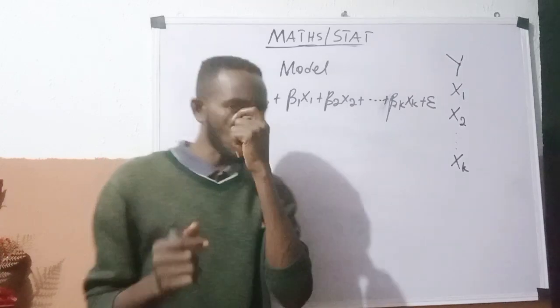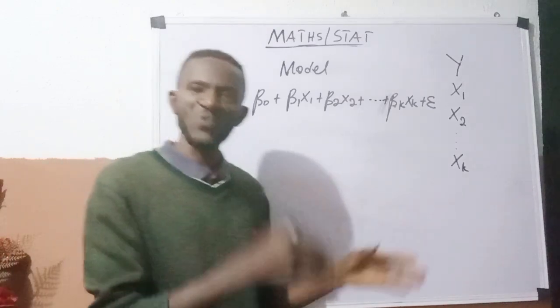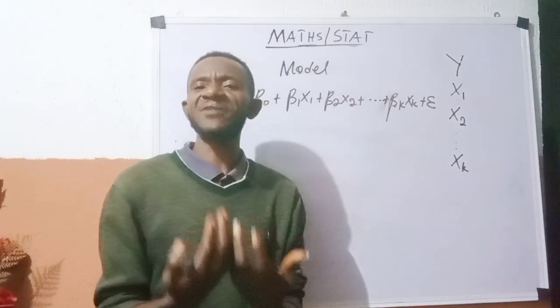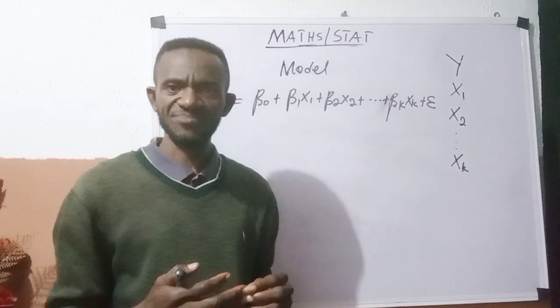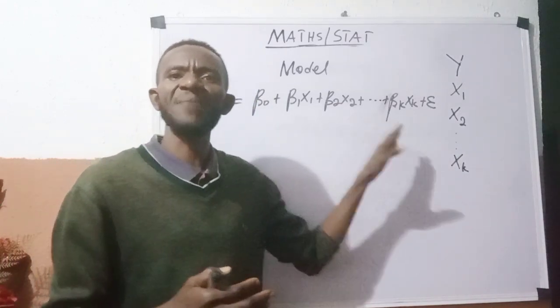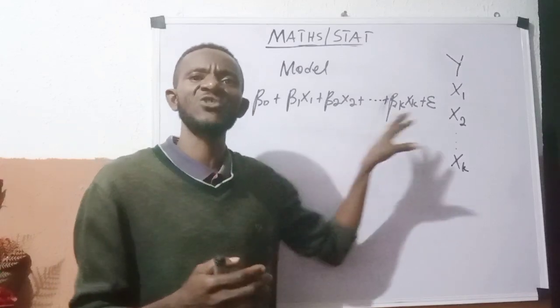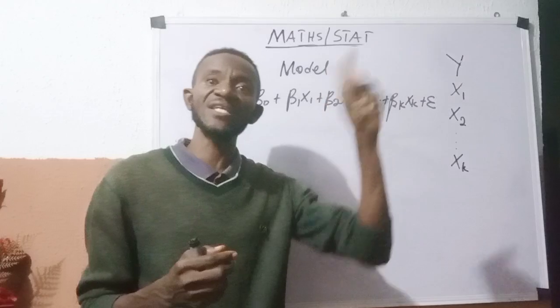Now, we are equally going to talk about the regression equation. But before we talk about the regression equation, permit me to remind us that when we talk about the regression parameters, or parameters of the regression model, we are talking about values that exist in the population.